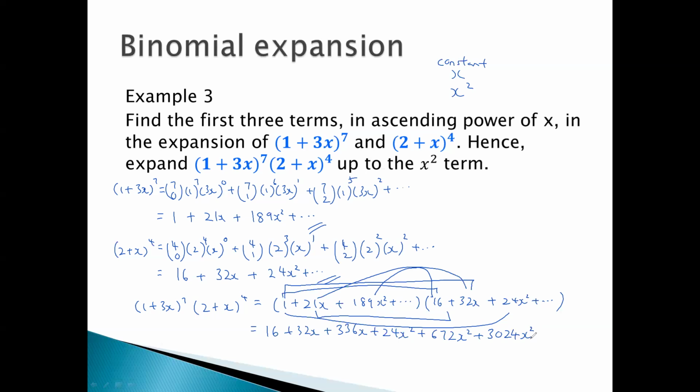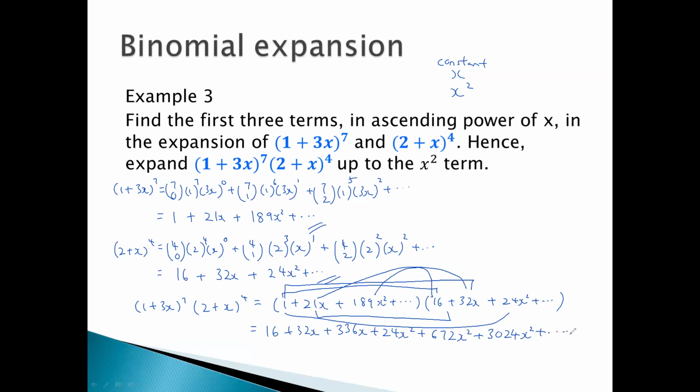Now, I'm not going to continue doing things like 21x times 24x squared because that will give me the x cubed term. I also will not do 189 x squared times 24 x squared, because that will give me the x to the power 4 term, but they only want it up to the x squared term.